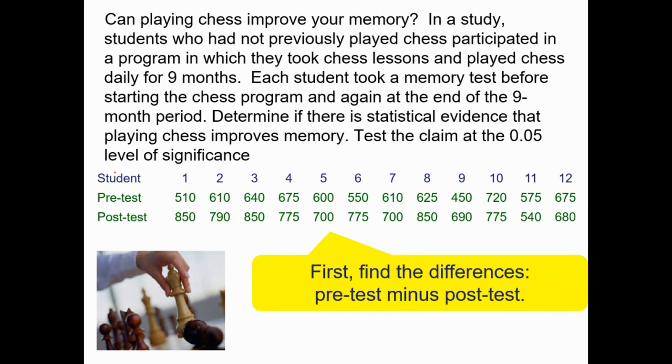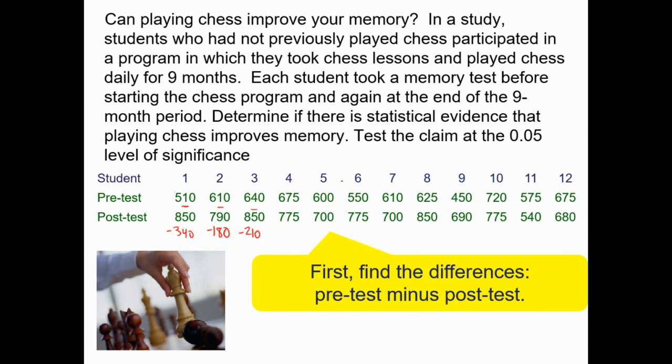So when we do that, we're essentially having to go through each observation here and subtracting them. So 510 minus 850 gets us negative 340. 610 minus 790 gets us negative 180. 640 minus 850 gets us negative 210.